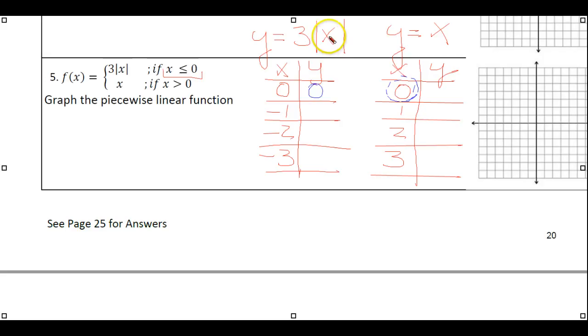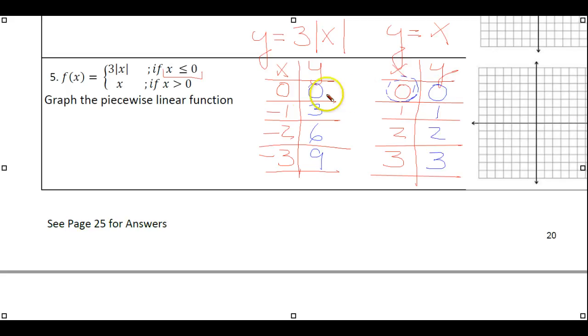If x is a negative 1, comes out as a positive 1, this is 3, this is 6, this is 9. So any value of x comes out as its positive value, and we just multiply. Now here, whatever y is, that's what x is. So this is going to be 0. This is going to be 1, 2, 3.